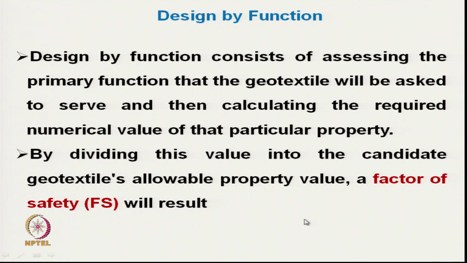Suppose we need a certain strength required, like X strength, and we have to select the geotextile with, say, factor of safety minimum say 10. So, the geotextile strength will be 10X, that is the design by function.